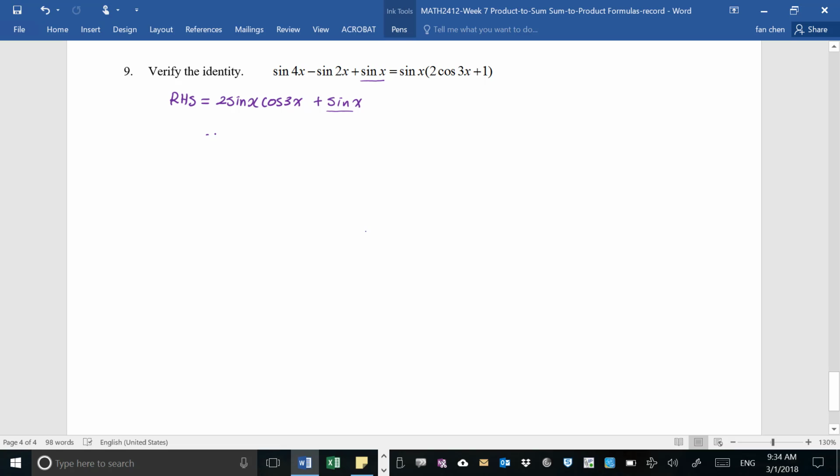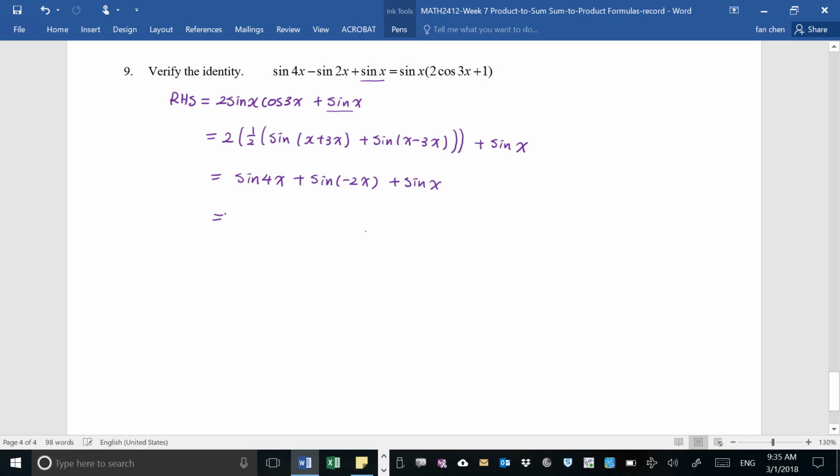And now it's a product, and I want to write it as a sum. So therefore it's 2 times 1/2 of sine x plus 3x plus sine x minus 3x, plus sine x. Right, let's simplify by distributing the 2 inside. That's gone. So that will be sine 4x plus sine negative 2x plus sine x.